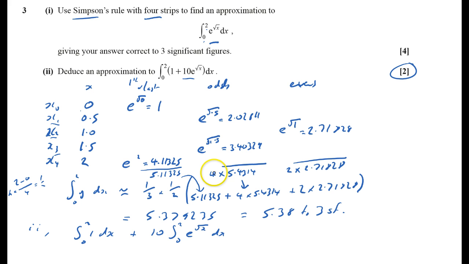If I do that between 0 and 2, the 1 is obviously going to be 2, because it'll be x between 0 and 2, plus 10 times 5.38, which is 53.8, plus 2, 55.8 to 3 significant figures. Question 3, done.